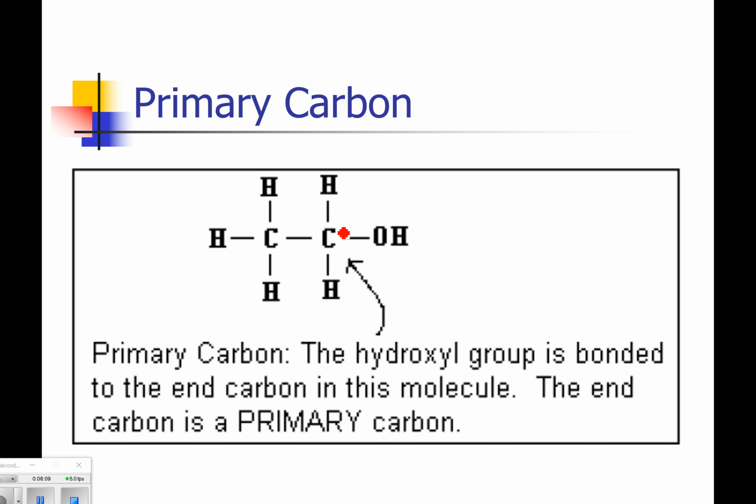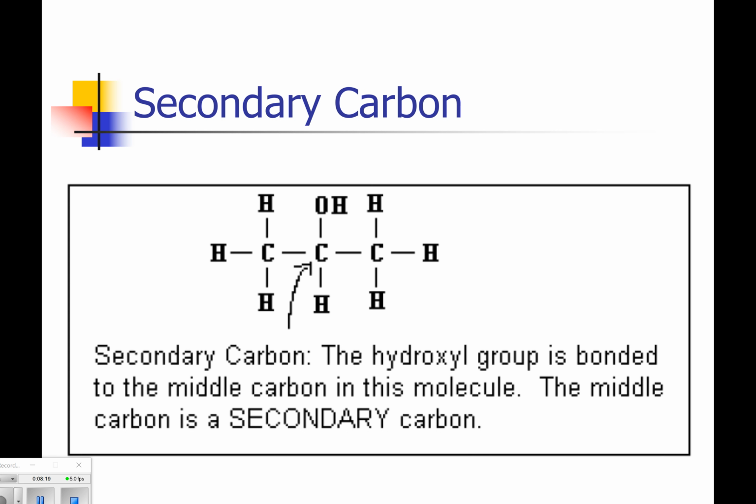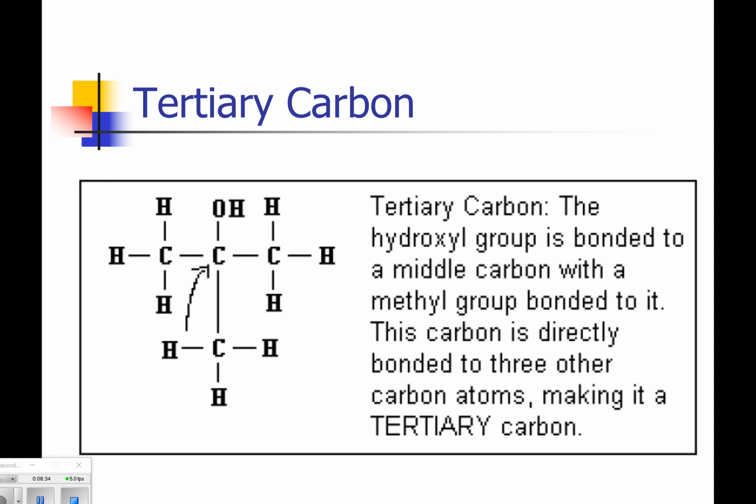So primary carbon only connected to one other carbon, and the hydroxy group is bonded to the end carbon in this molecule. A secondary carbon is bonded to 2 other carbons. And in this case, the hydroxy group is bonded to the middle carbon in the molecule, which would be a secondary carbon.